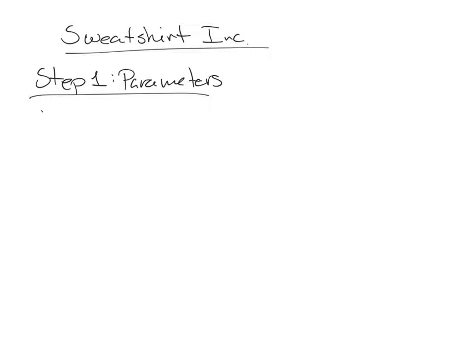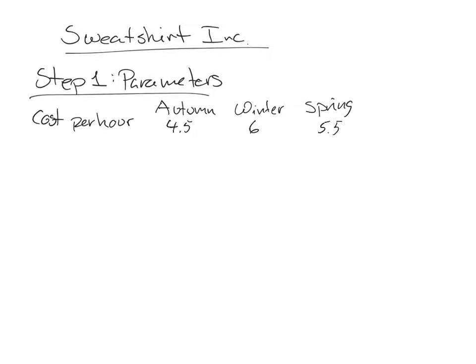There's a cost per hour, and that depends on the period. In the autumn we pay $4.5, in the winter we pay $6, and in the spring we pay $5.50 per hour.